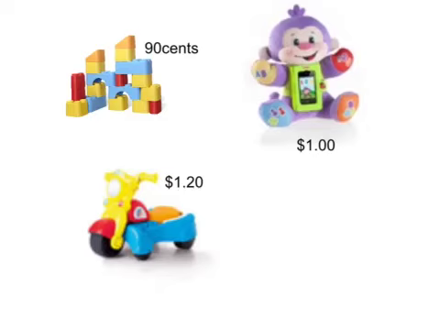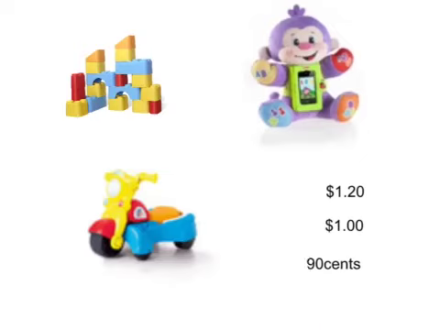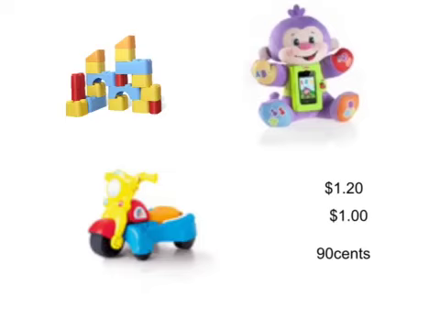So if we pull all the coins down together, and the prices, and we pull the $1 over here, and the $1 over here, and the $1 over here. So what we've got is $1.20, $1, and 90 cents. So we can work out how much it's going to cost us. Let's get the coins out and see what happens.